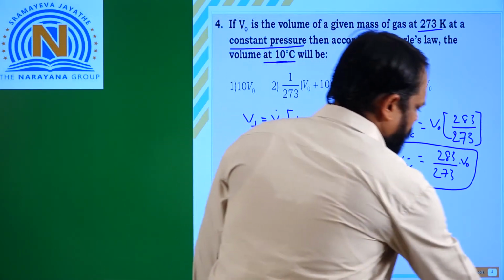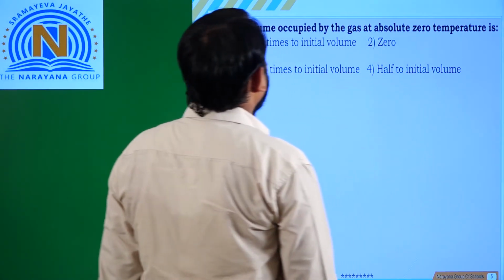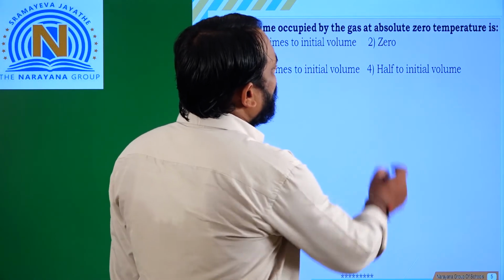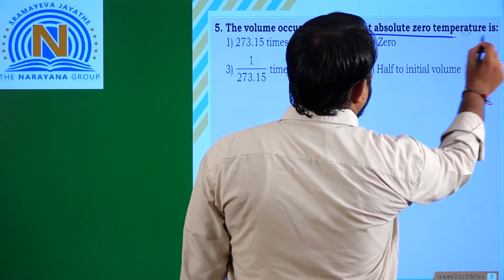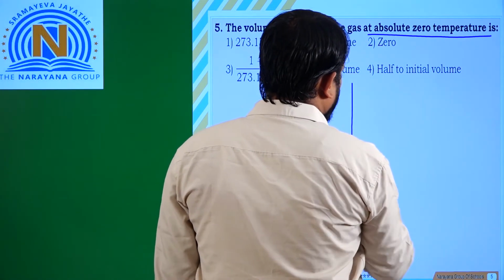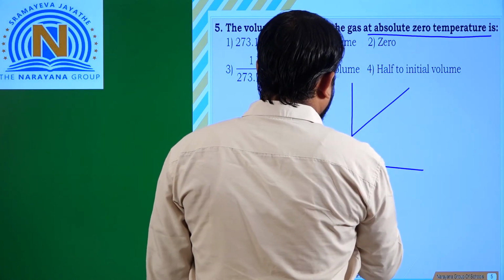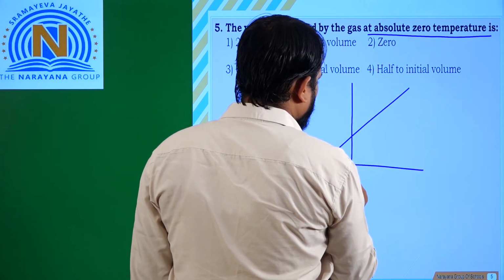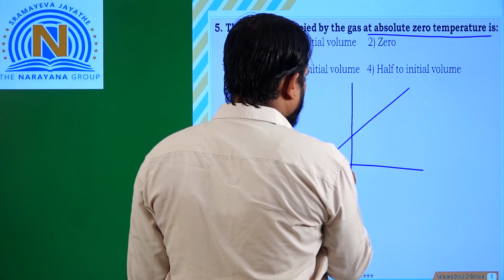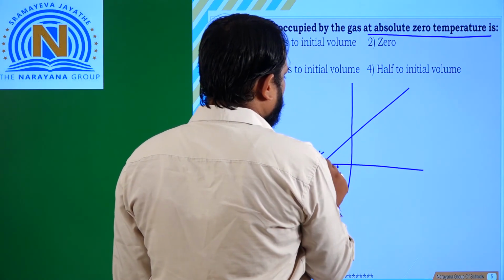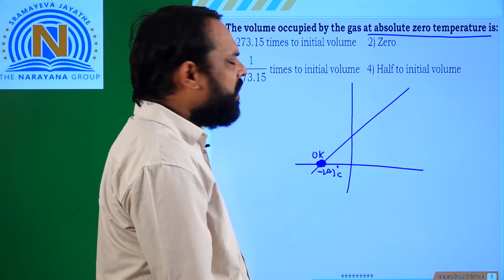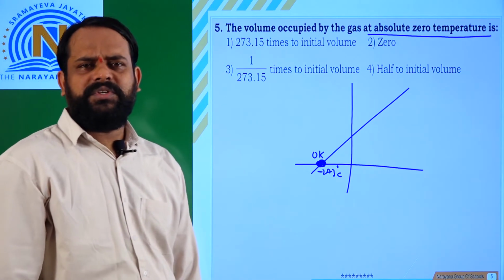And the next question is, the volume occupied by the gas at absolute zero temperature is. Generally the volume at minus 273 degrees Celsius or 0 Kelvin. At this point all the molecular motions of the gas cease.